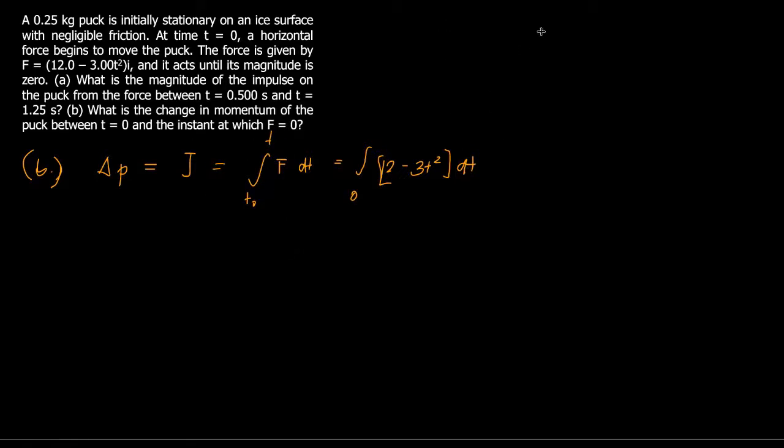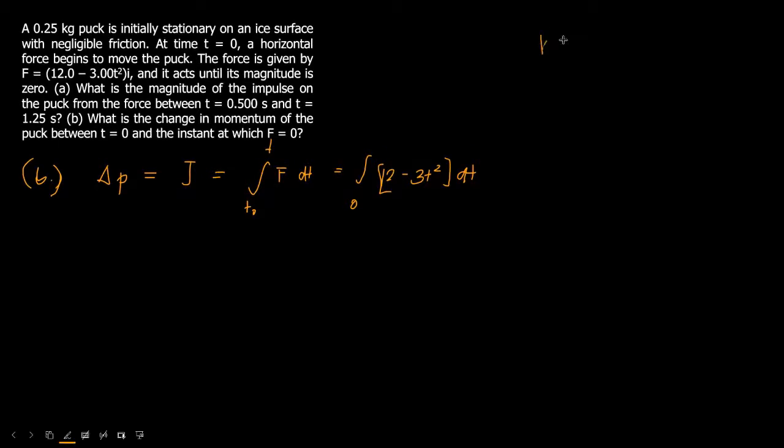So, remember that sa condition na ito, F is equal to 0. So, ano yung force function natin? That's 12 minus 3t squared is equal to 0. And extract natin ang roots. That's going to be negative 3t squared equals negative 12. And divide both sides by negative 3.